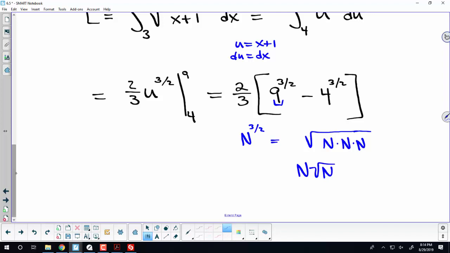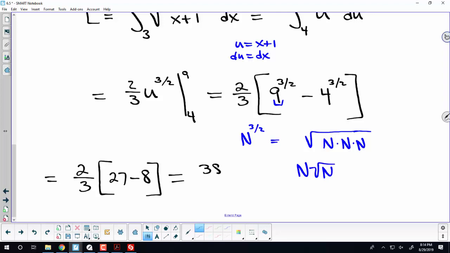This is 4 times the square root of 4, which is 8. So we have 2/3 times 27 minus 8. Whatever that is, 38 over 3 is what that is exactly.